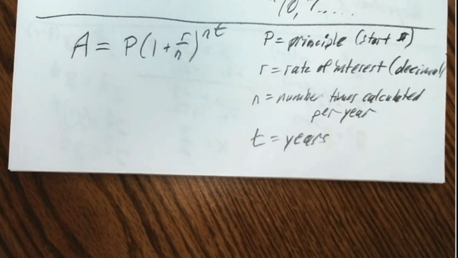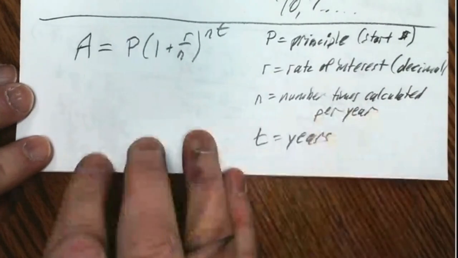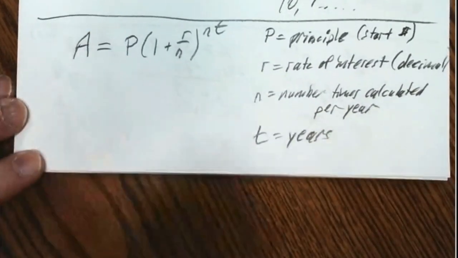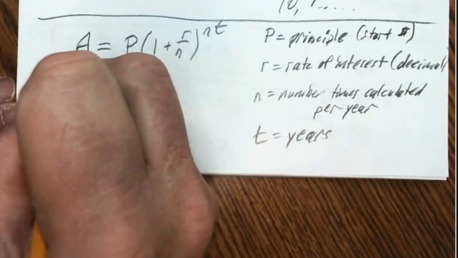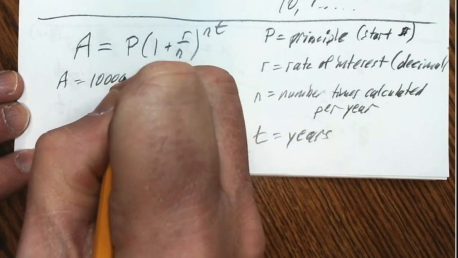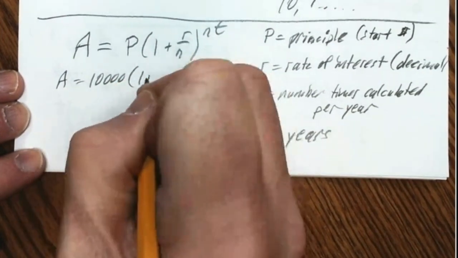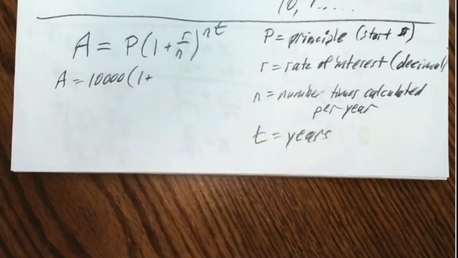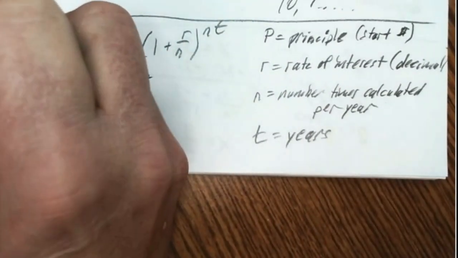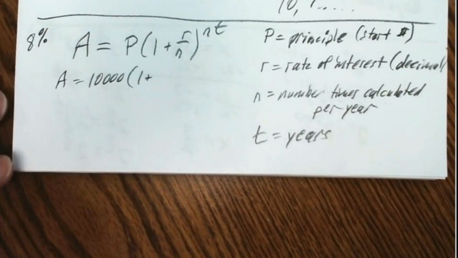All right, let's say we've got a bank account, and we're going to put $10,000 in it. So the amount of money we will have, we'll start with 10,000. And let's say what kind of interest you're going to make. Let's say we're going to make 8% interest. All right, it's some kind of special account we got that we're making 8% on it per year.